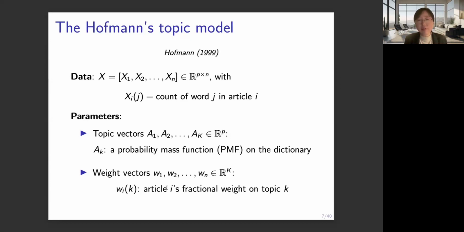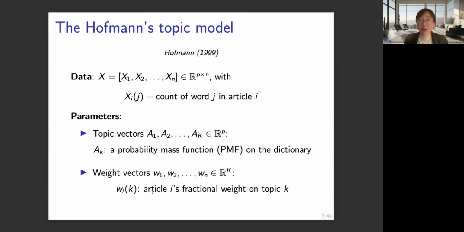And if I take a document that is 80% non-parametric and 20% Bayes, then the W_i will be a two-dimensional vector, 0.8, 0.2.